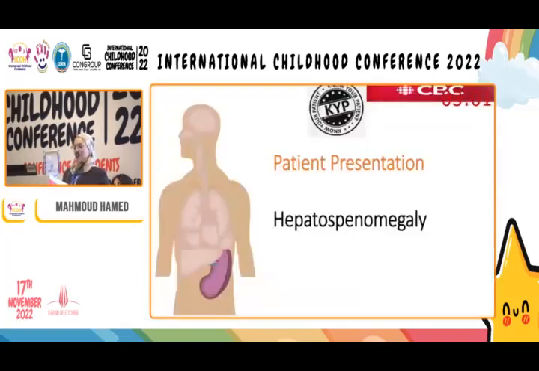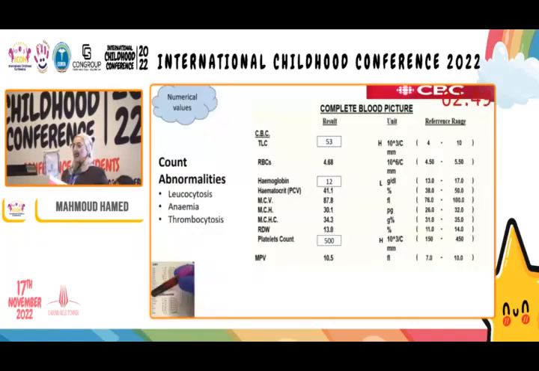Our last case is a very good, healthy child complaining of just an abdominal mass that turned out to be hepatosplenomegaly. When we did the CBC for him, we found tri-lineage affection: leukocytosis, anemia, and thrombocytosis. The thrombocytosis is not marked, the anemia is not marked, but the TLC is high.